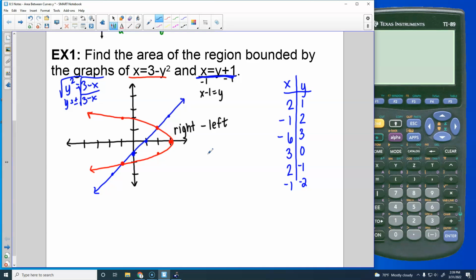And a lot of times the equations themselves will be in terms of y, and that should be an alarm to you that you should use y's instead. So what we can do here is integrate. Furthest to the right is our red graph, which is 3 minus y squared. And then we would be subtracting furthest to the left, which is y plus 1.